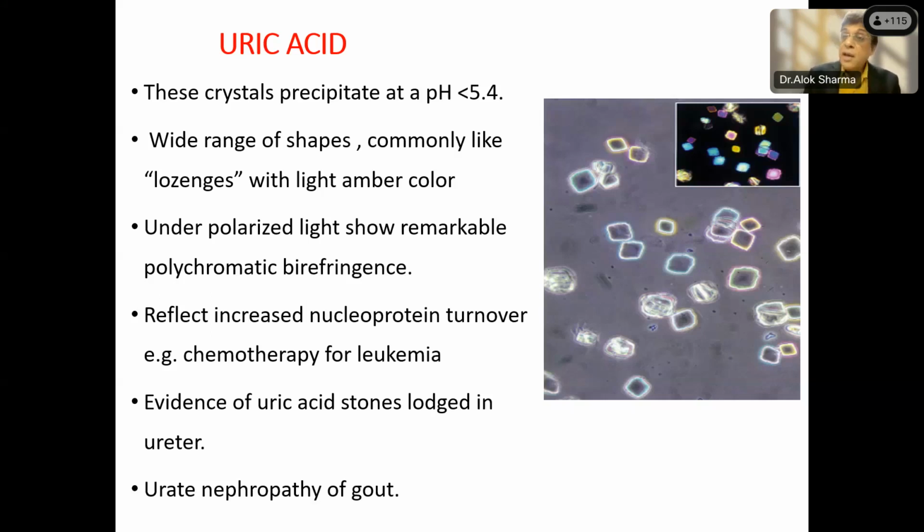They can even be evidence of a uric acid stone which is lodged in the urethra. These can get dislodged from there and appear in the urine. And gout, of course, is the most common condition where they have diagnostic significance. So apart from gout, you should also remember the other conditions where you can get a large number of uric acid crystals in urine. These are probably the most easily identifiable crystals, but have a lot of clinical significance attached to them.